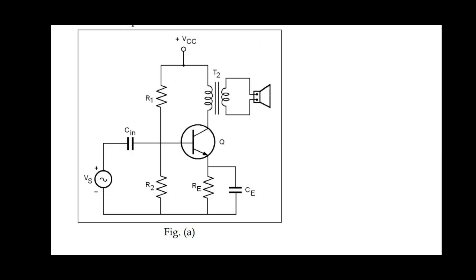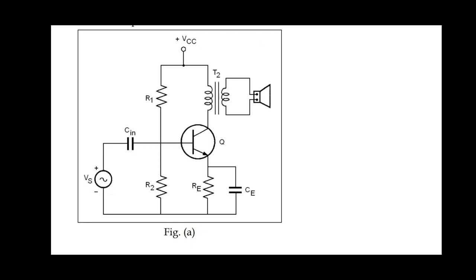The collector current will vary. This variation of collector current produces variation in the voltage across the primary winding of the transformer.